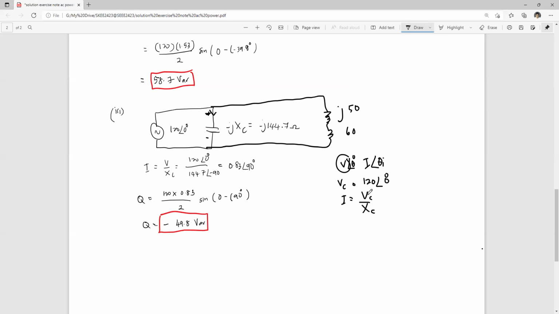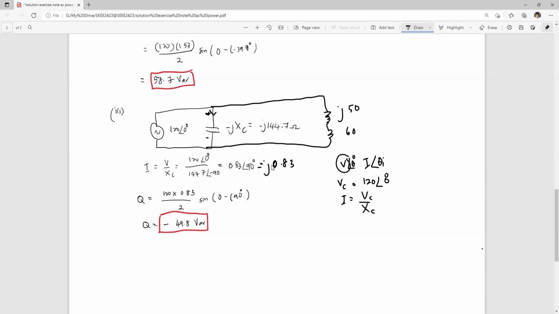The current is equal to the voltage across the capacitor over the reactance of the capacitor itself. The reactance of the capacitor after the conversion is negative j144.7, or 144.7 with an angle of negative 90 degrees. Using these equations, you will obtain that the current is 0.83 with an angle of 90 degrees, or in rectangular form, j0.83.